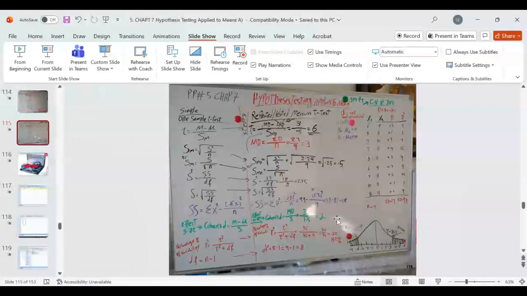You square the sum of D, 27, and you get 729. Divided by 9 is 81, and 99 minus 81 is 18.